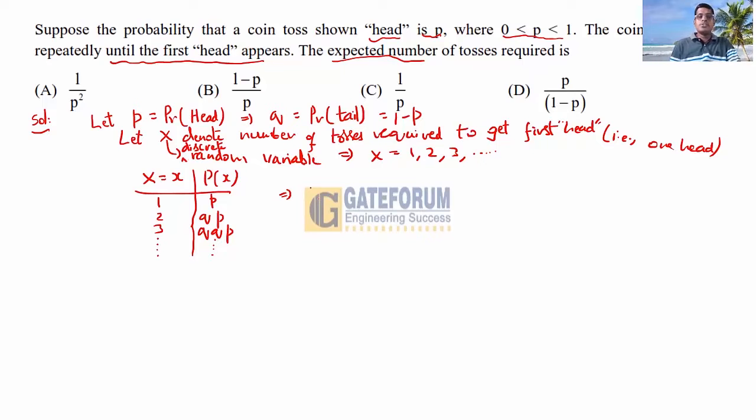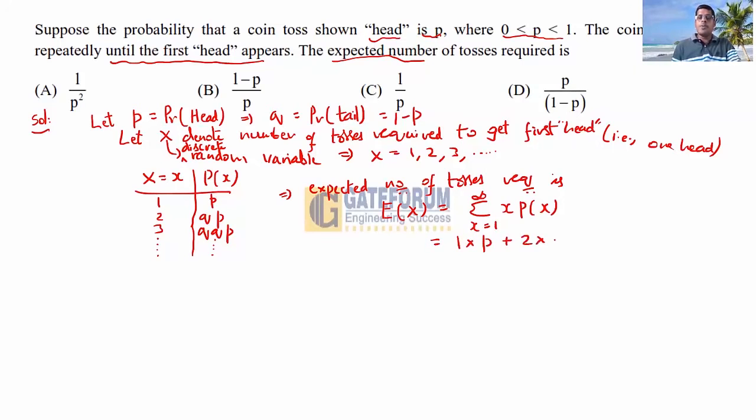So expected number of tosses required is nothing but E of X. So mean of X, summation X is equal to 1 to infinity X times probability of X. So 1 into probability of 1 is small p, 2 into probability of 2 is QP, 3 into probability of 3 is Q square P, plus so on.